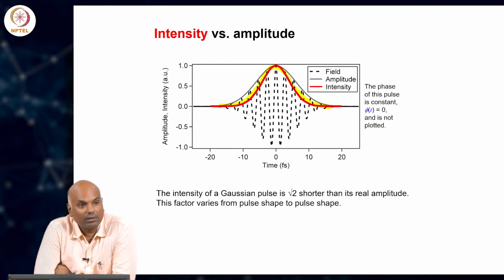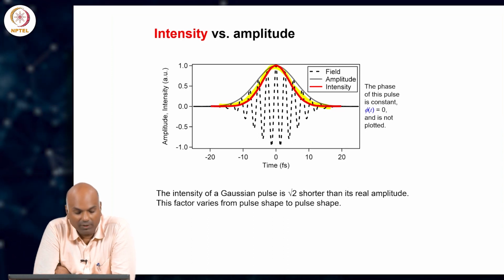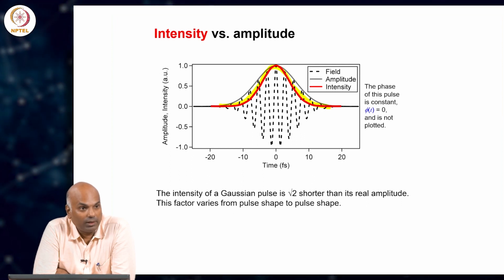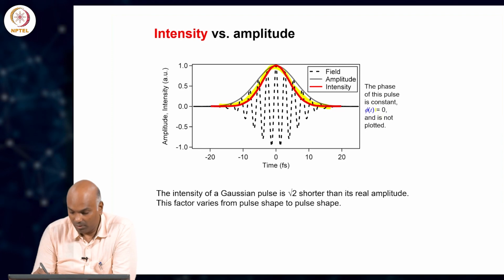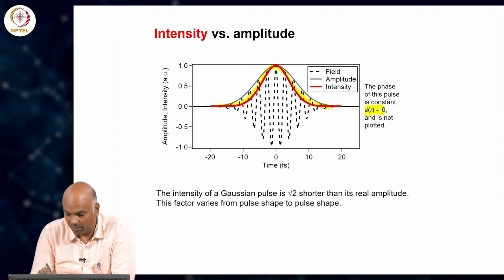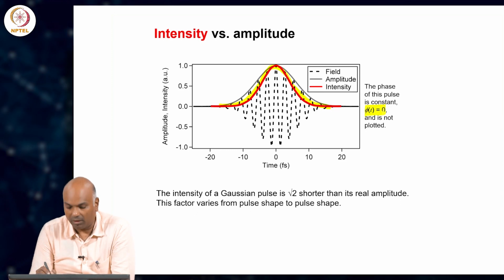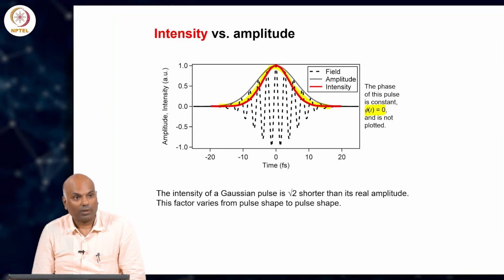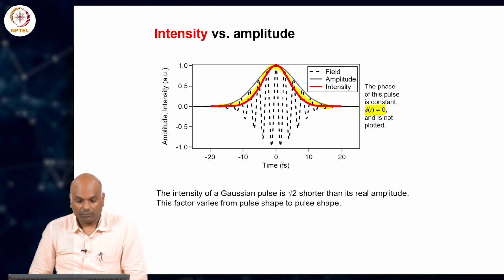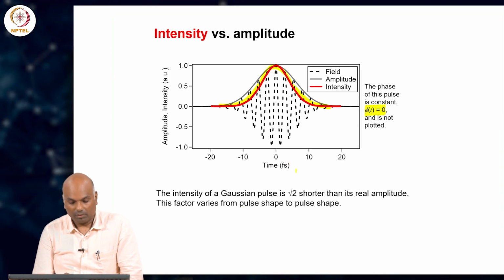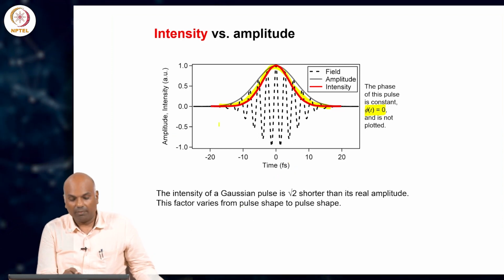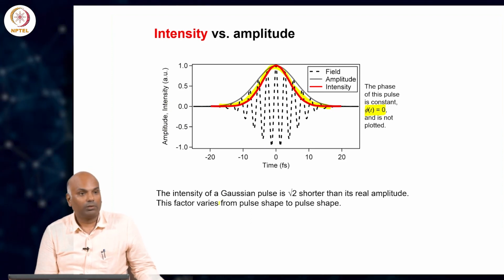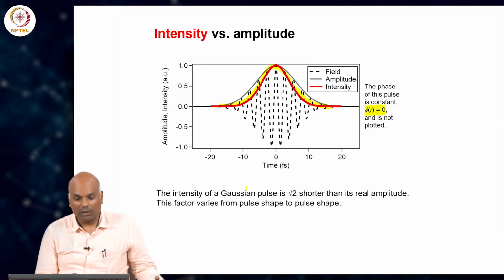In this pulse, the way I have sketched it here, note that the carrier frequency remains constant throughout, which corresponds to the function phi of t being constant, and we can set that unambiguously to 0. So, that is the intensity and amplitude versus time on the same plot, and this pulse is also ultra short.